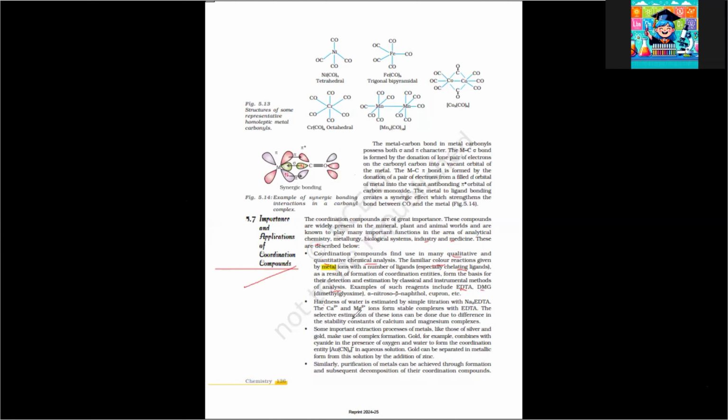And the selective estimation is done by measuring the stability constants of calcium and magnesium complexes, which is obtained directly from the titration values.